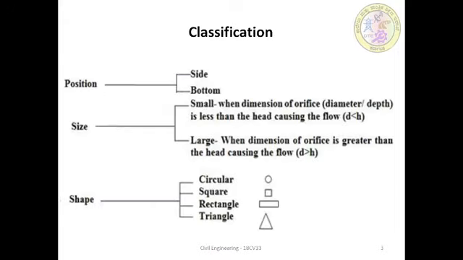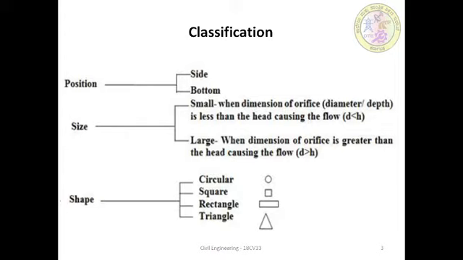Now let us see the classifications of orifices. The classification of the orifice is mainly based on: number 1, position; number 2, size; number 3, shape; number 4, the edges; and number 5, the discharge.